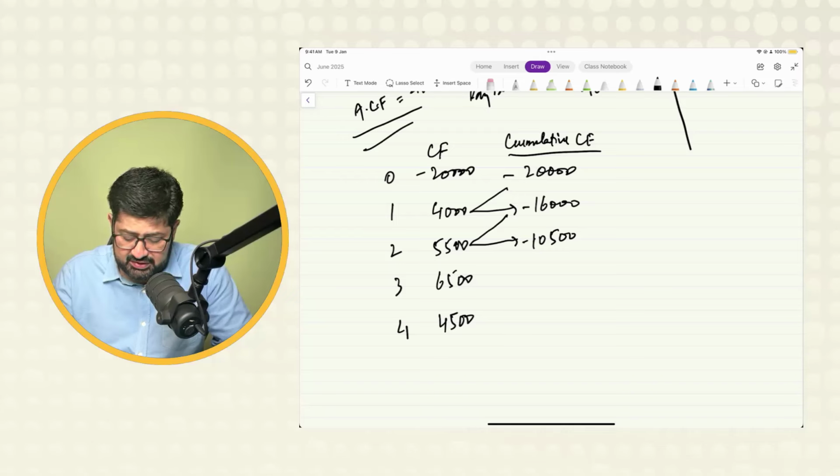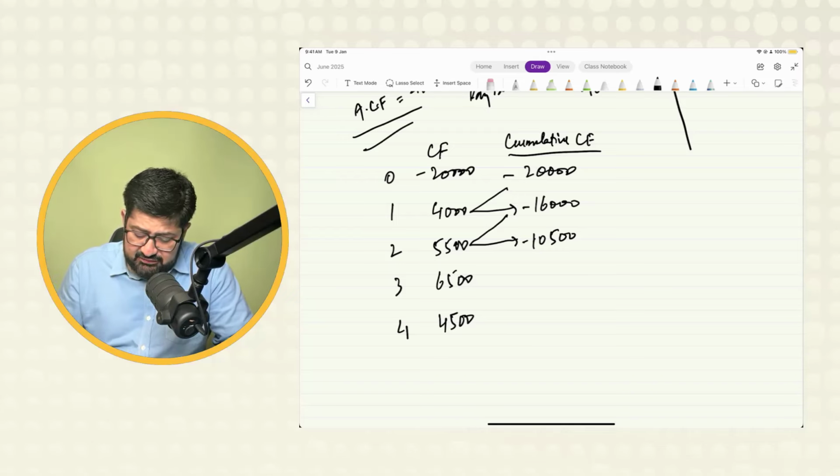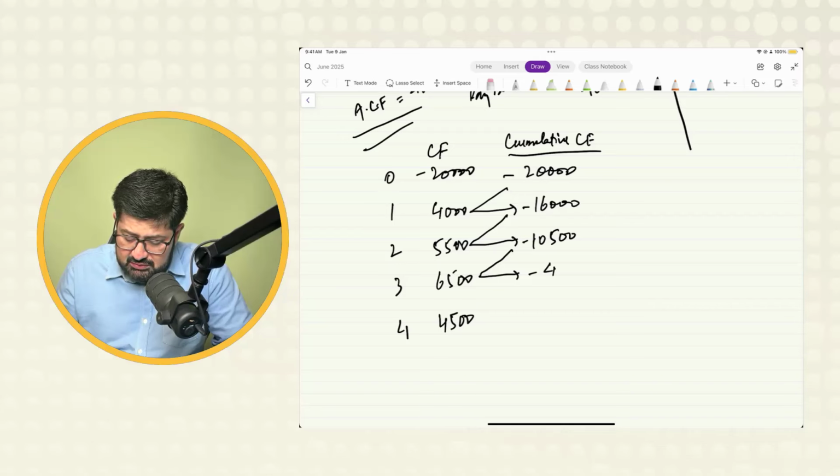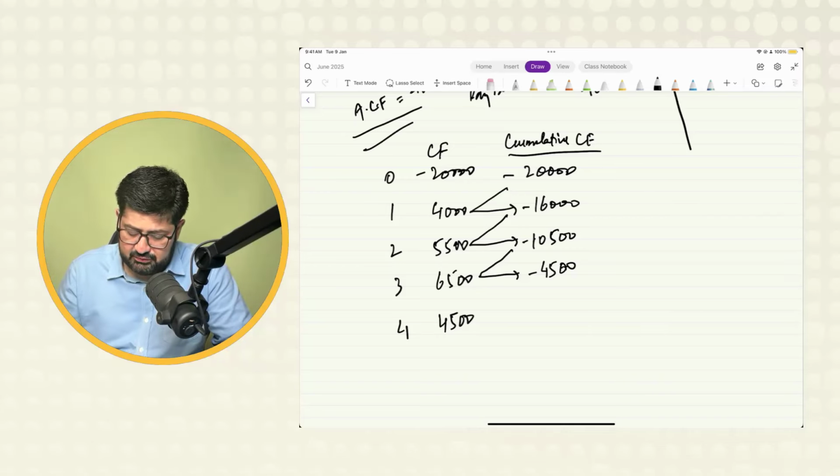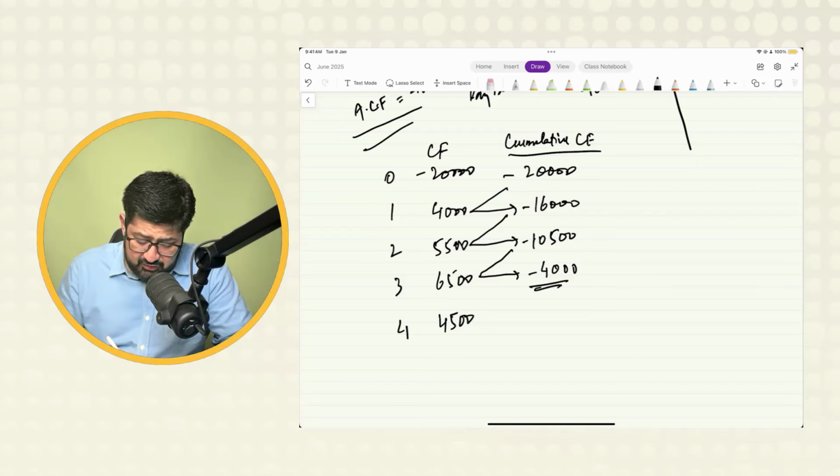Then 6,500 recovered, so the remaining is 4,000 negative. And now we need how much? 4,000. Here there are 4,500.